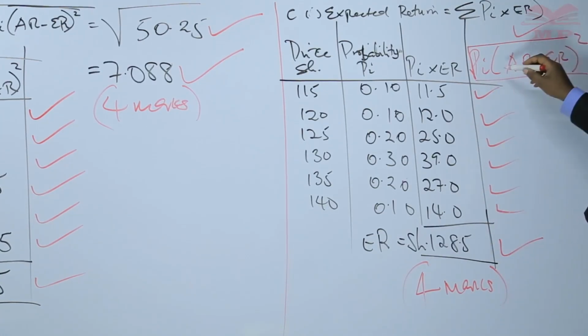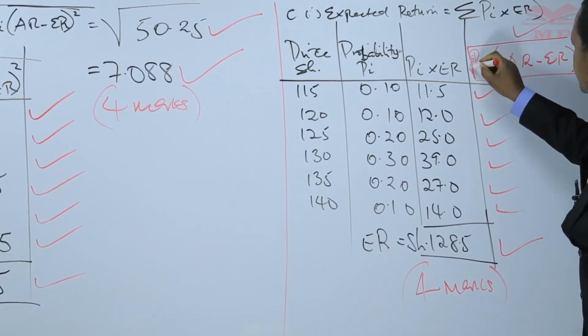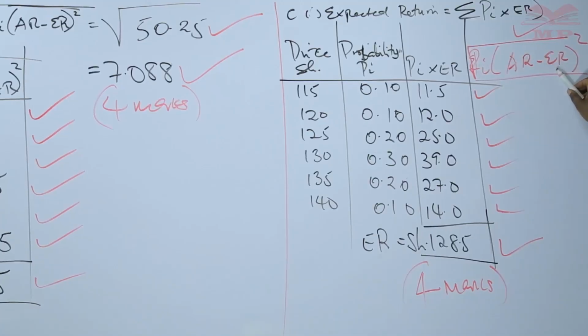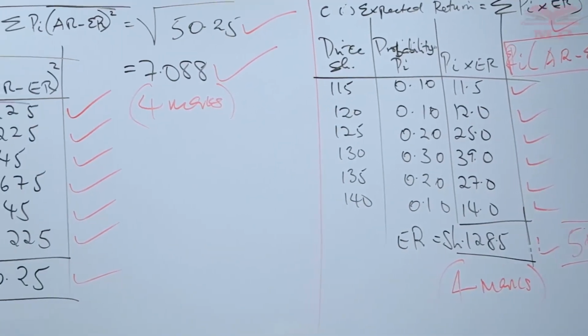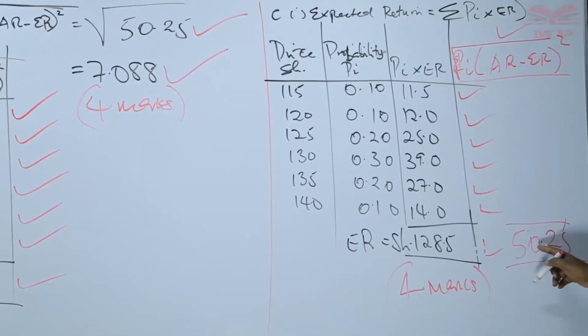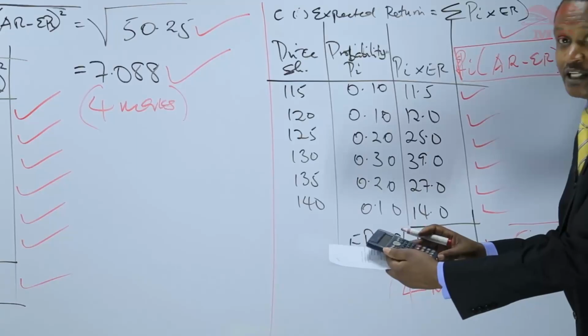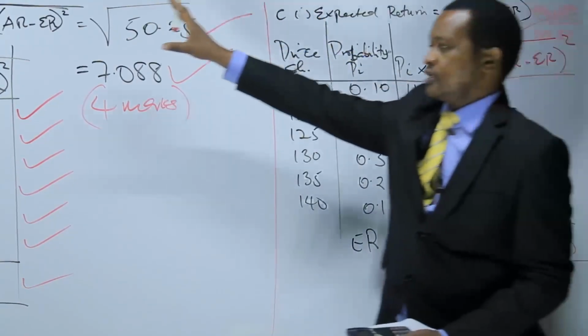Then the answer after summing, the summation of the probability times the squared deviations, the sum here, which in our case is 50.25, just come here and get the square root of that, because the calculator again you have it. So all those workings are not necessary.